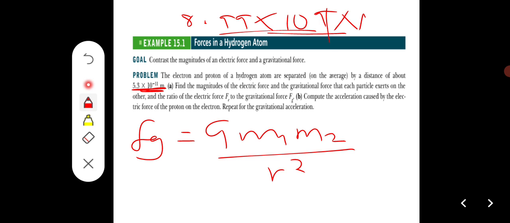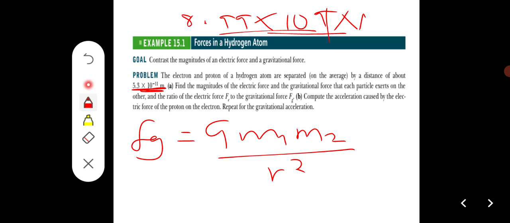So M1 I also gave you, M2 I also gave you, but at the end I'll give you all the values so that you go through this question and try to solve it. Then after solving, you can post the answers. Or I'll put all the answers for you.